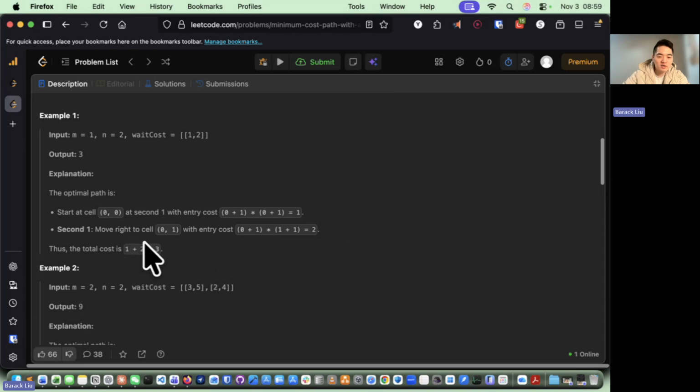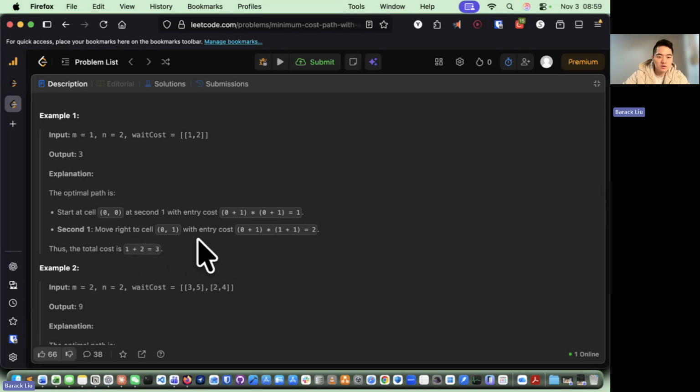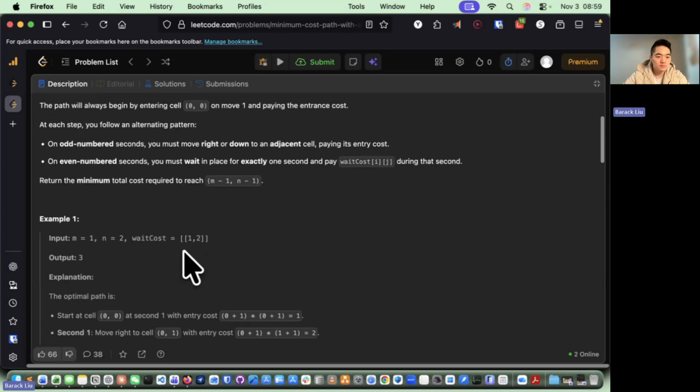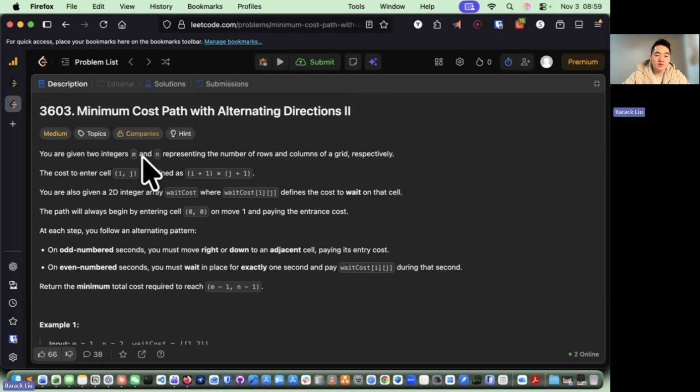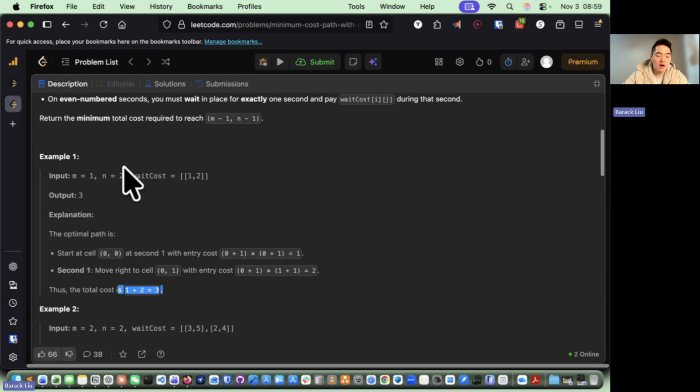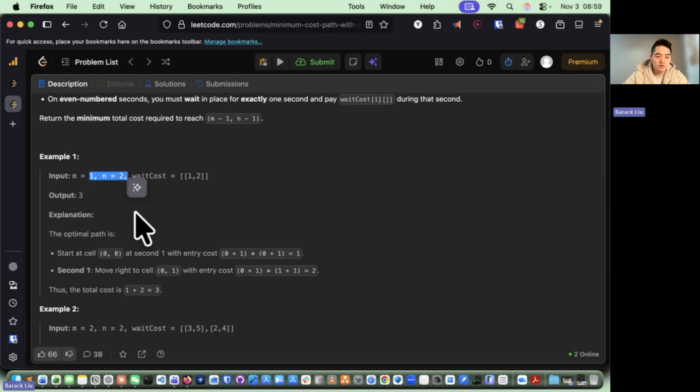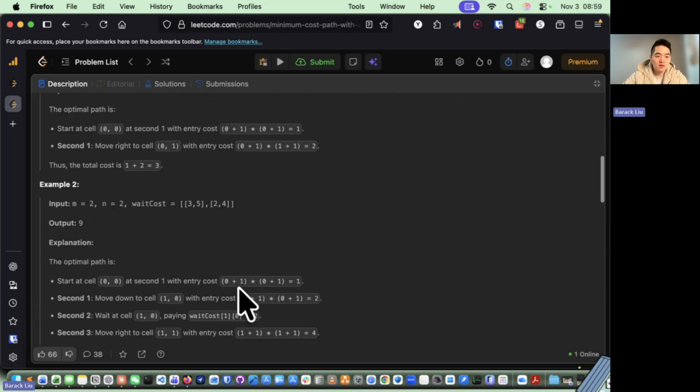And at second 1, move right to cell (0, 1) with entry cost 2. So the total cost is 3. Actually our input is 1, 2, which means that in the grid, our destination is (0, 1).